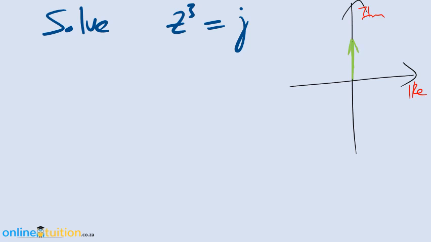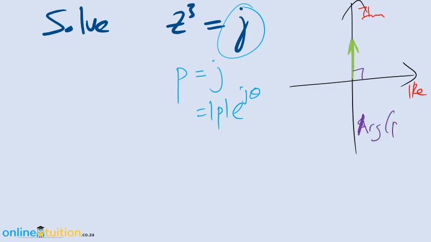So if I want to write this number, p equals j, how do I write it in complex form? Well, that's going to be the mod p e to the j some theta. Well, the theta, the argument, capital A, arg p is pi by 2. You can clearly see that.